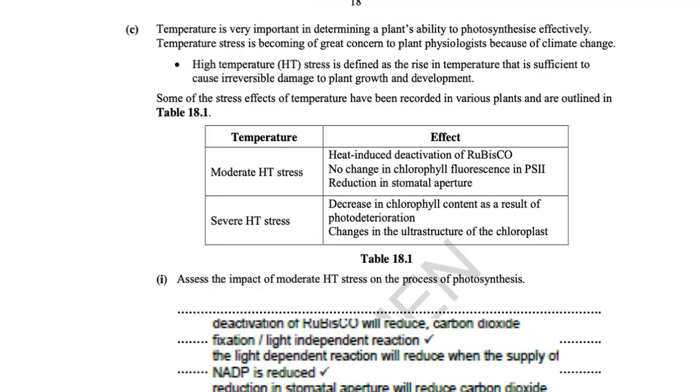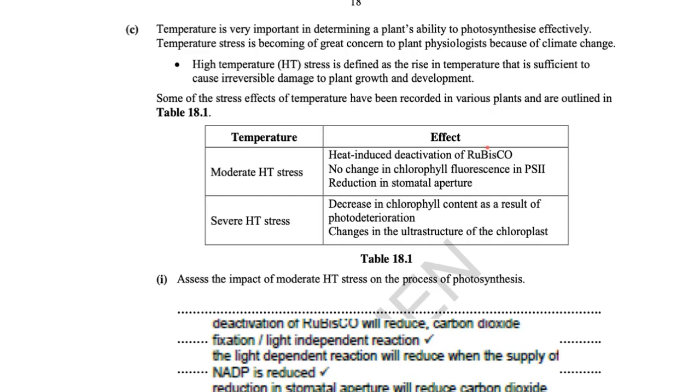So this question refers to temperature and its effect on photosynthesis, and temperature stress concerns plant physiologists because of climate change leading to higher temperatures. High temperature stress is the rise in temperature that is sufficient to cause irreversible damage to plant growth. And then moderate temperature stress causes these effects.